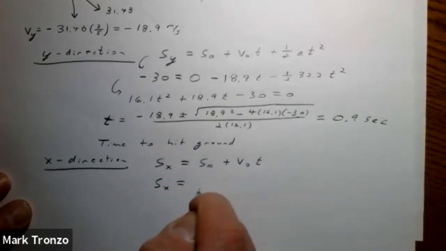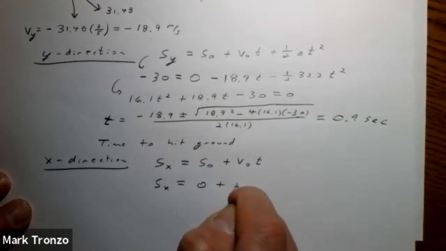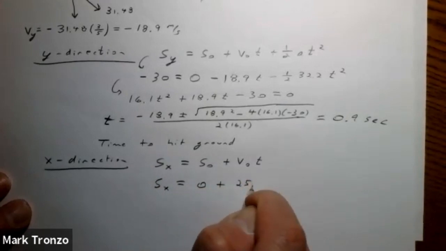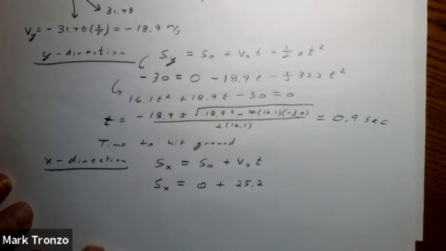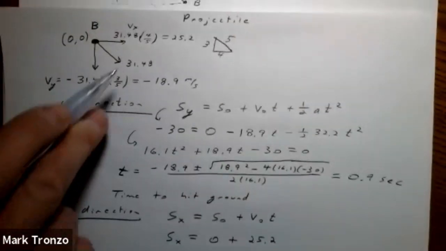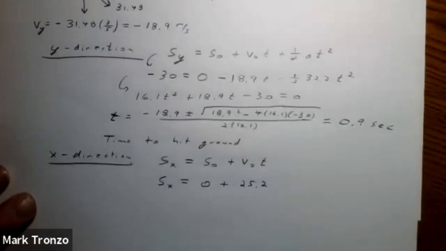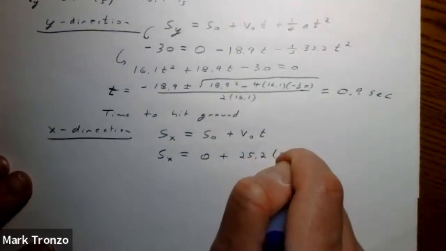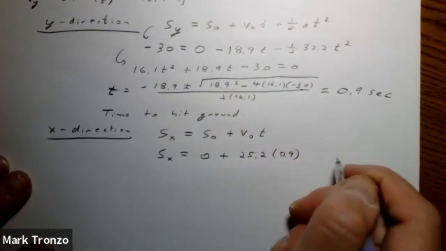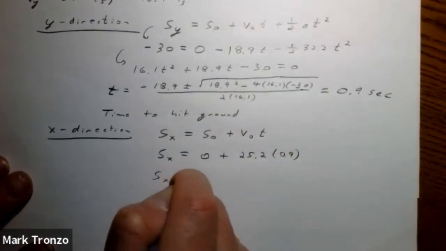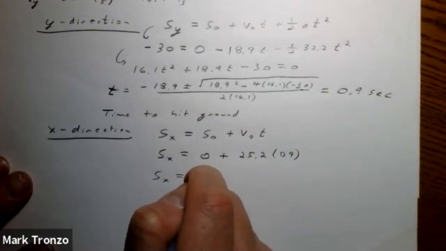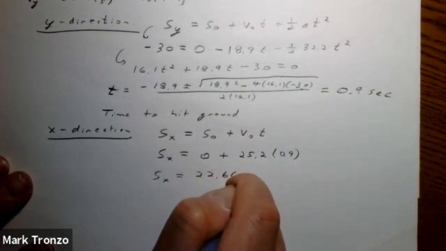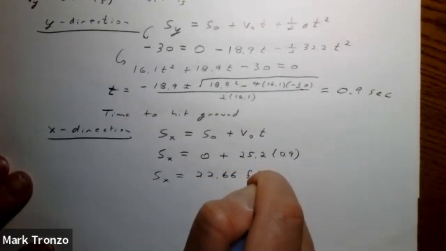So S of x is 0 plus 25.2, which we got from up here, times t, which is 0.9. So it looks like S of x is 22.66 feet.